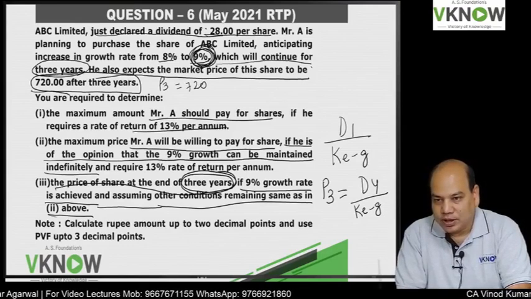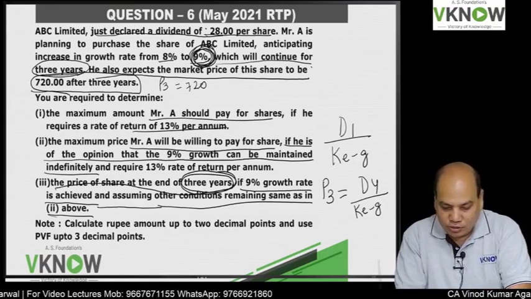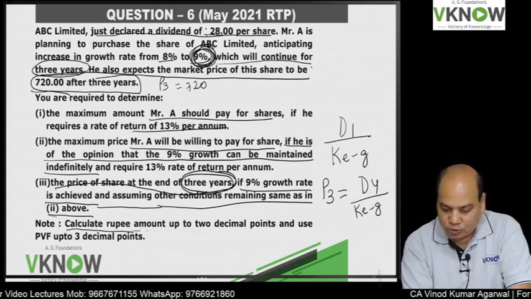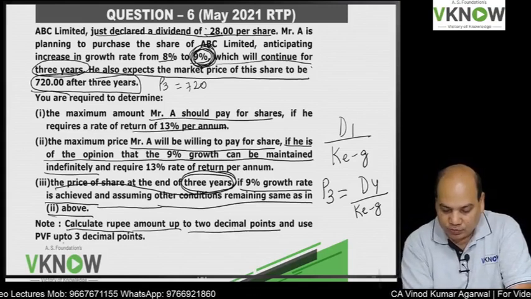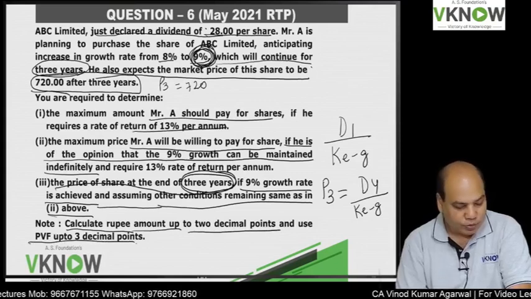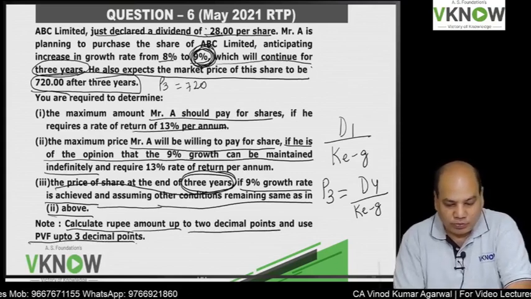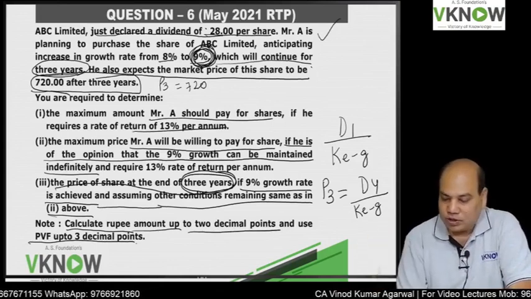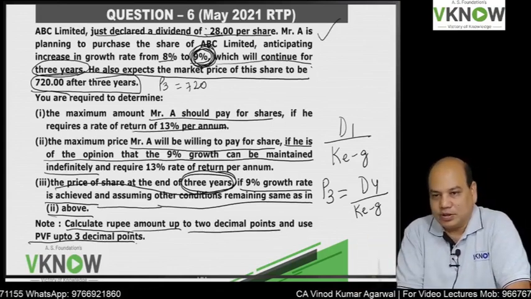For the third question you have to find P3, and the instruction is calculate rupee amount up to 2 decimal point. Use present value factor up to 3 decimal point. This question has been asked in earlier exams also, and it was asked in May 21 RTP.